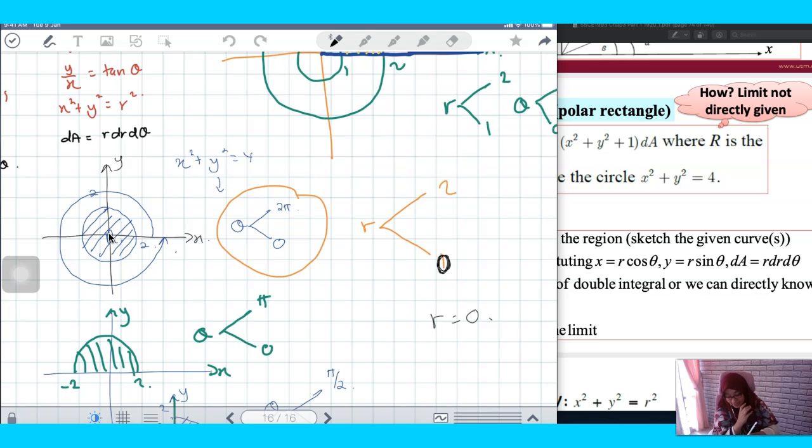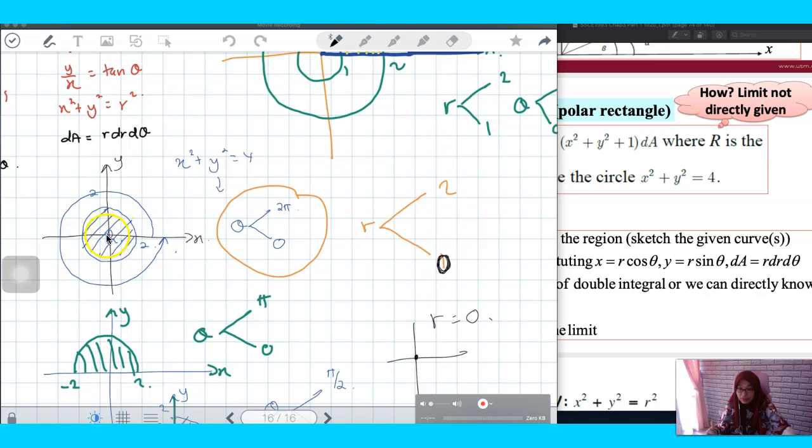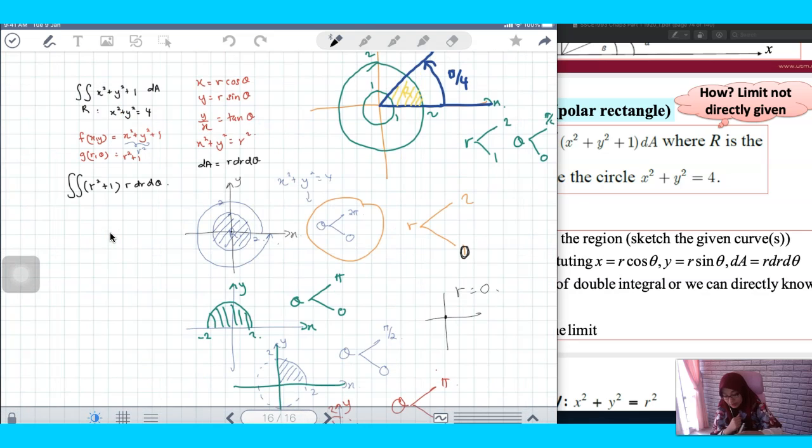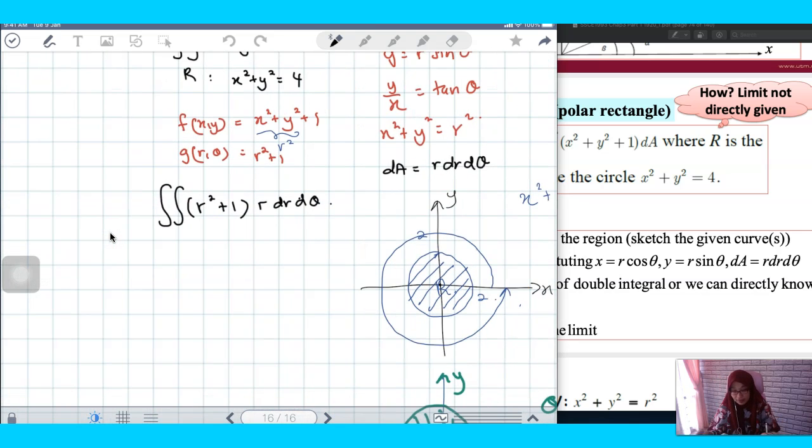It is actually just a dot. So that's why we put the limit of r from 0 to 2. So that is the limit of this example, where theta is 0 to 2 pi and r is 0 to 2.